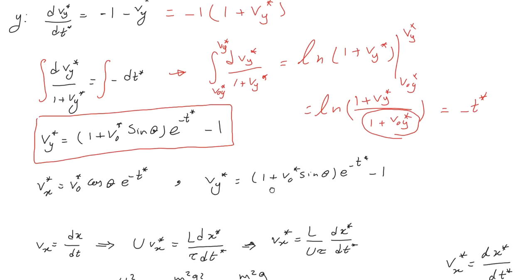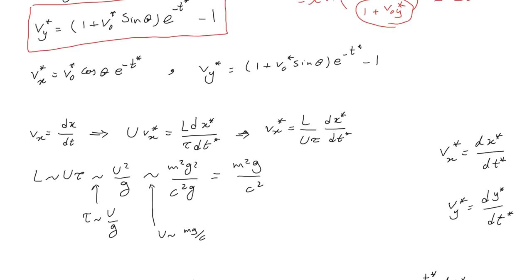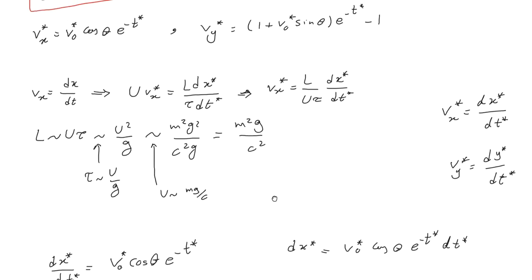Okay, so now we have calculated so far the velocity in the x direction in the dimensionless form and the y direction, right? So we have the velocity of a projectile in a 2D plane with air resistance, right?